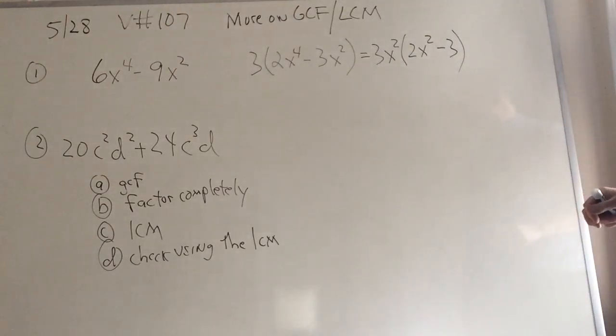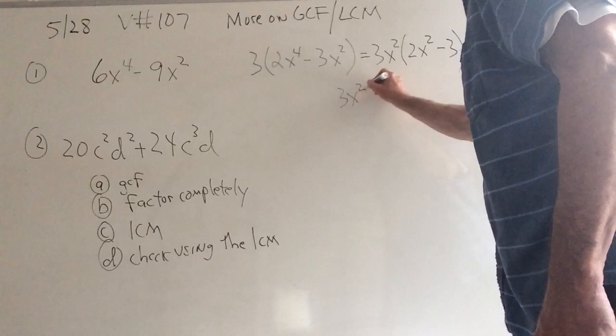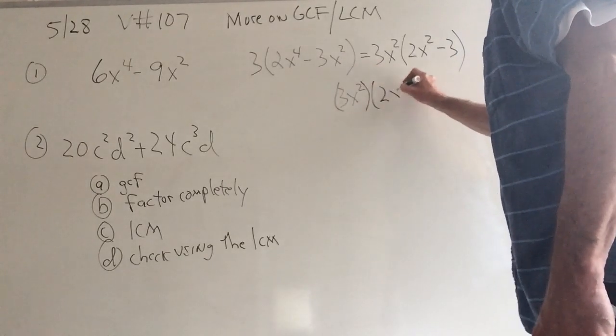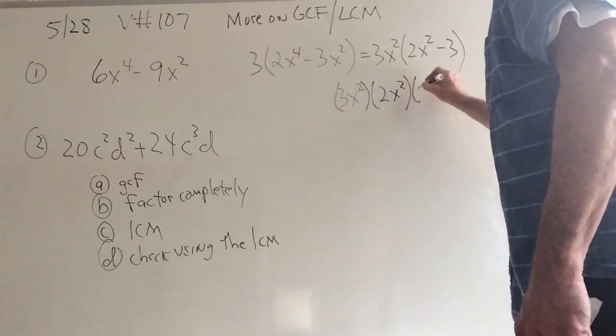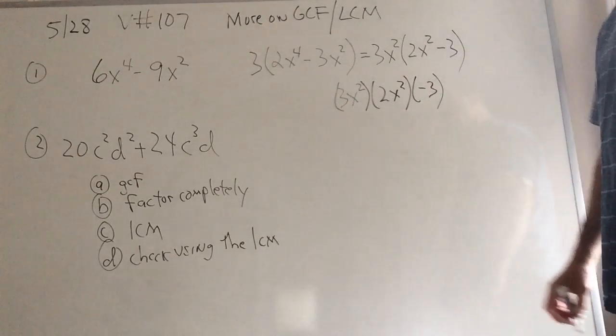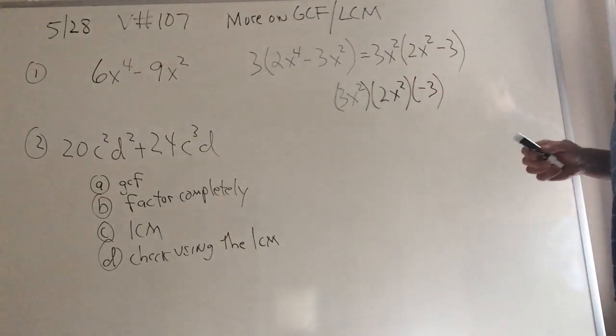Now I'm going to go on to step number 3 and find the LCM. Well, what's the LCM? It's 3x squared times 2x squared times negative 3. Okay? And we went over that. I mean, that's how you find the LCM. The remnants times the GCF.